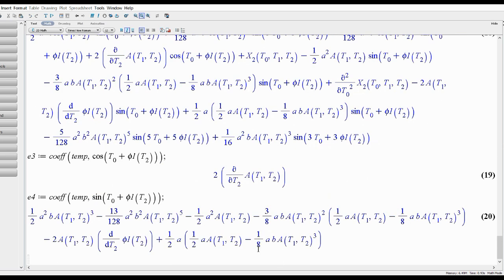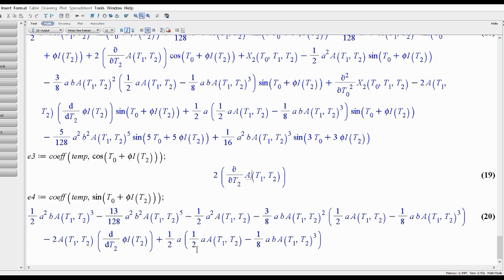So what happens here is these two must be 0. If they are 0, then you see A is just a function of t1 now. A del t2 is 0, and then when we come here, del phi del t2 is there. No other derivatives are there.